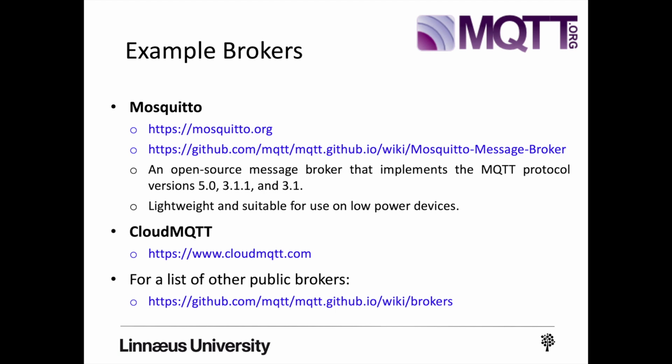Mosquitto is lightweight and suitable for use on all devices, from low power single board computers to full servers. There are also cloud MQTT brokers, which are highly used for IoT applications or devices because they are hosted on the cloud.